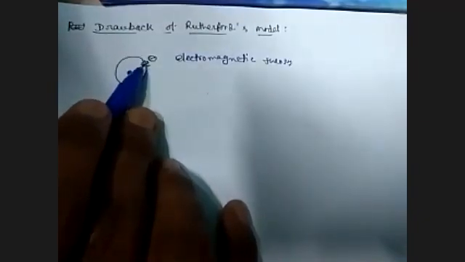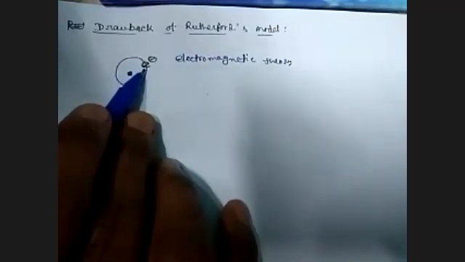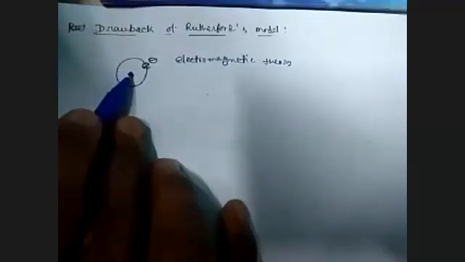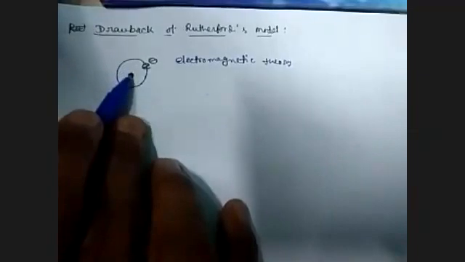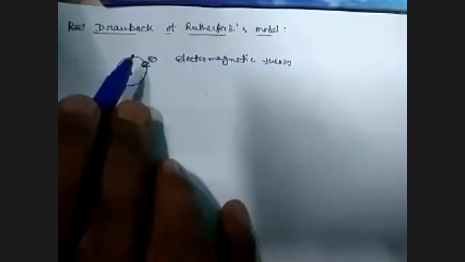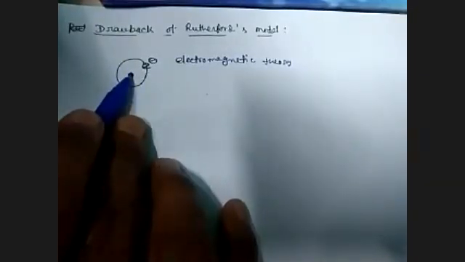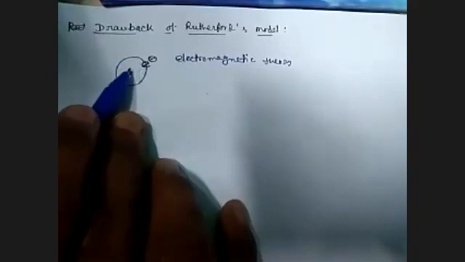If the electron releases its internal energy, the nucleus will pull that electron, because the nucleus is heavily charged, present at the center, and there is electrostatic force of attraction.